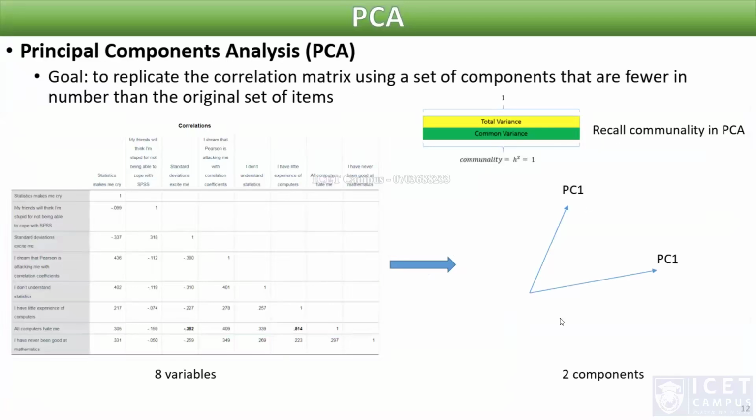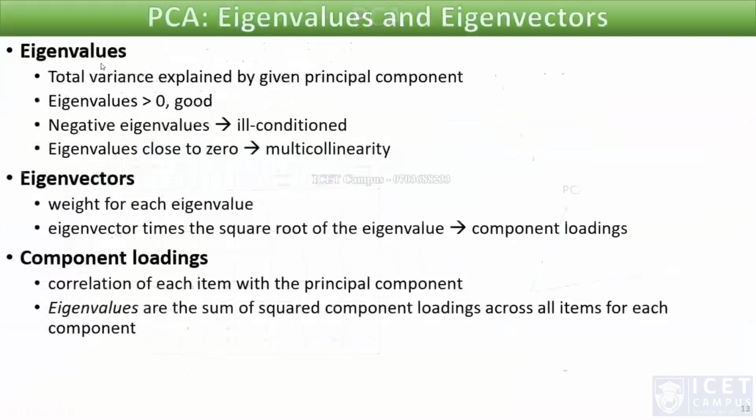So there are 2 components. Now we are going to divide into two components using principal component analysis. Then you can take some eigenvalues here. There are formulas to calculate these things, but SPSS automatically gives them. You only need to interpret them, right?